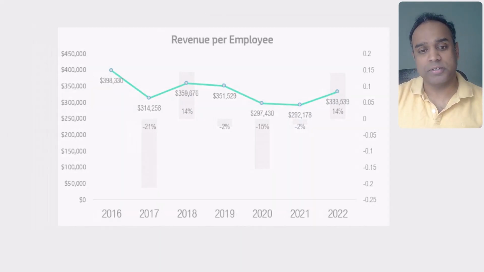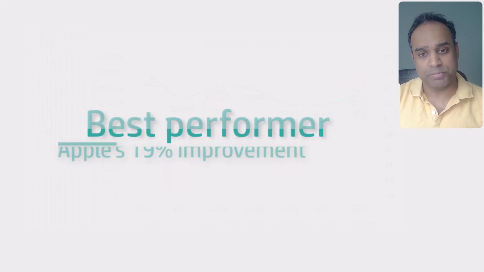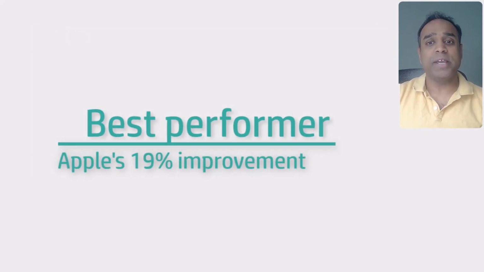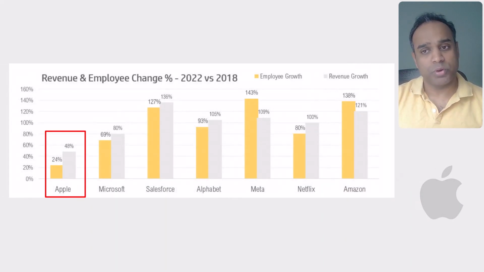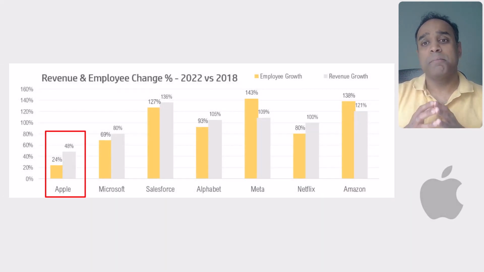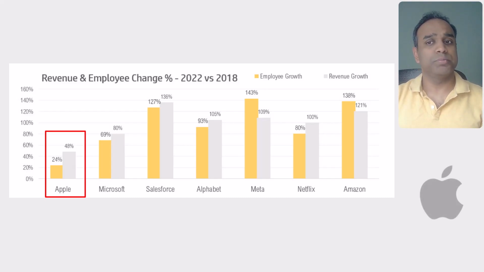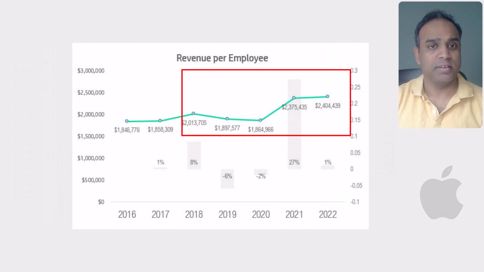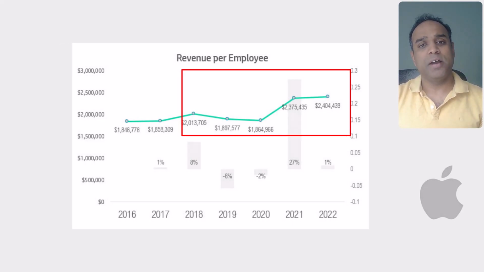The second observation is Apple's 19% improvement in revenue per employee. Apple had revenue growth of 48% overall during this pandemic period, but increased their workforce by only 24%. So they were able to increase the revenue per employee significantly, by 19%. Apple did not make any hiring spikes, right?